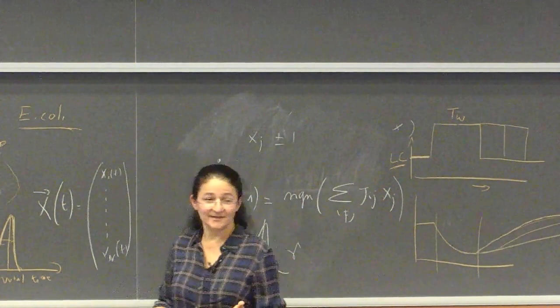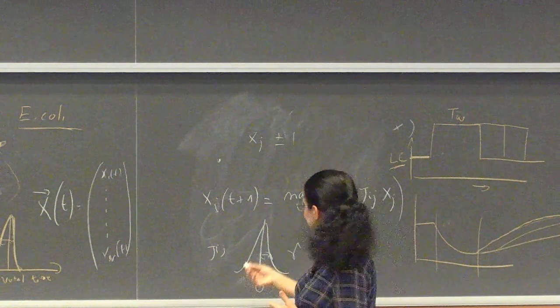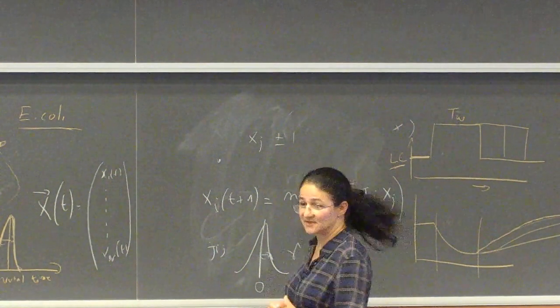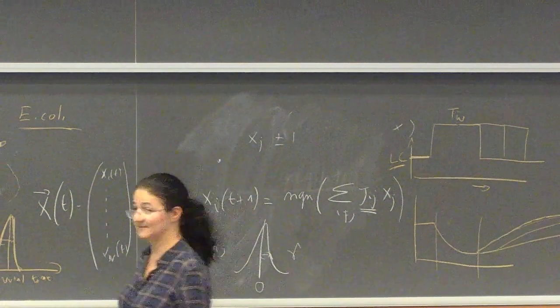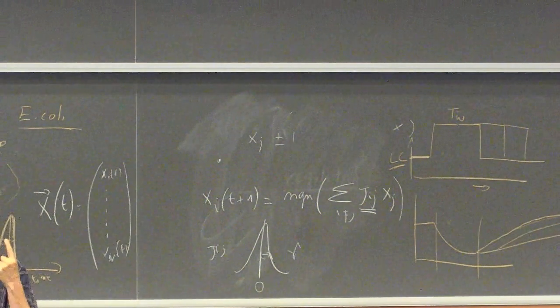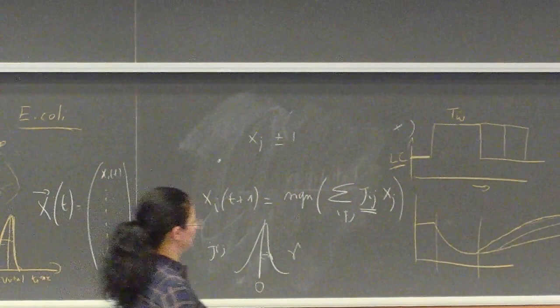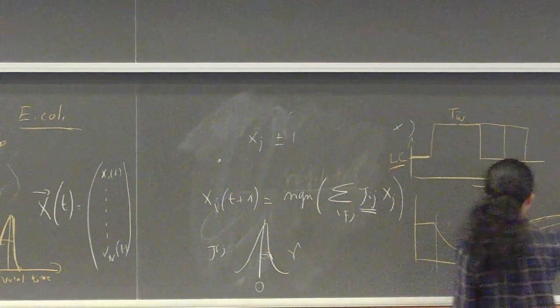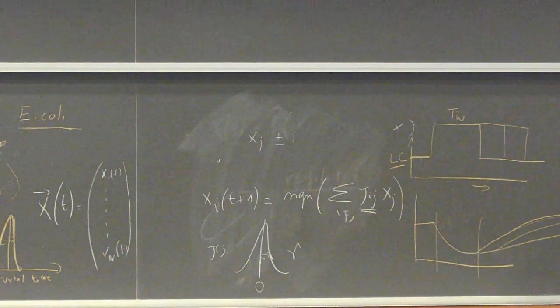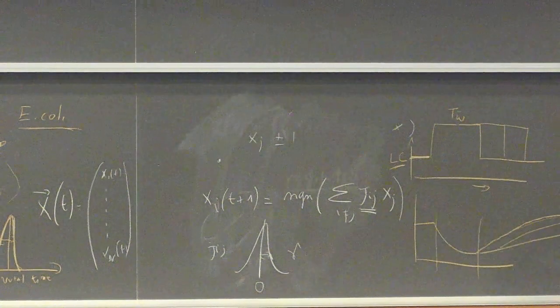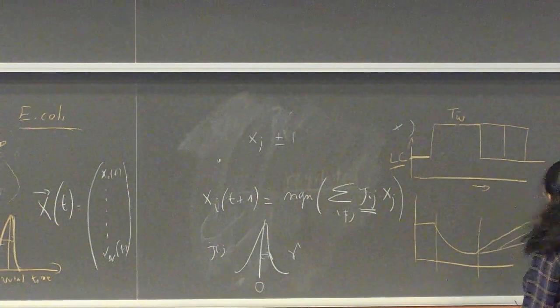What is clearly untrue for the cell is that the Jij's are symmetric, right? In the spin model, of course, the interaction between spin i and spin j is the same as the interaction between j and i. So in the Sherrington-Kirkpatrick model, Jij equals Jji. Of course, in biology, it's not the case, right?